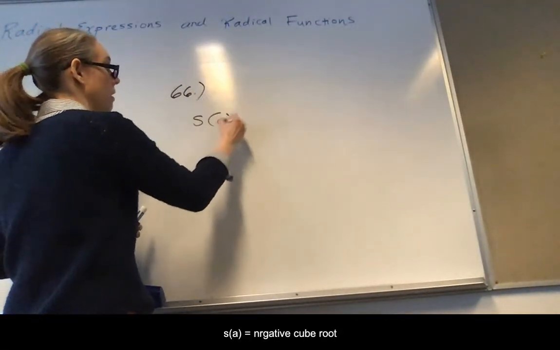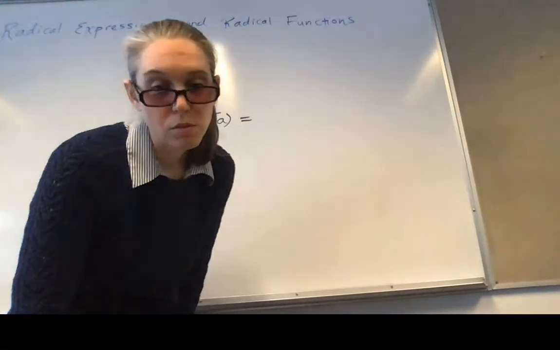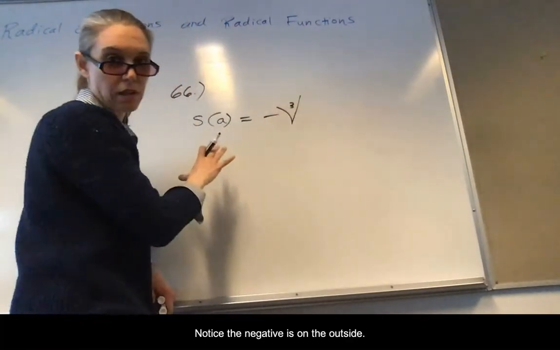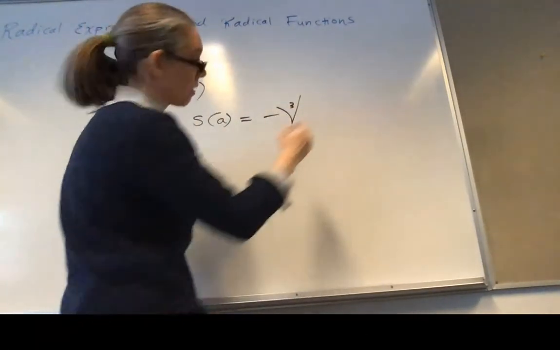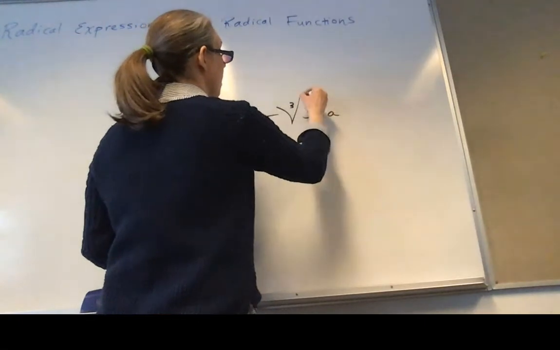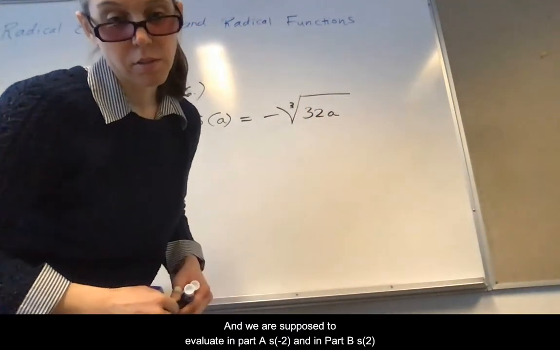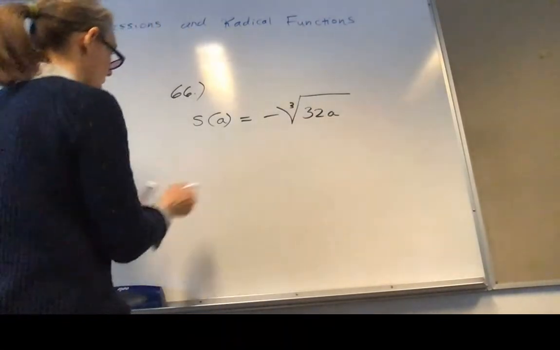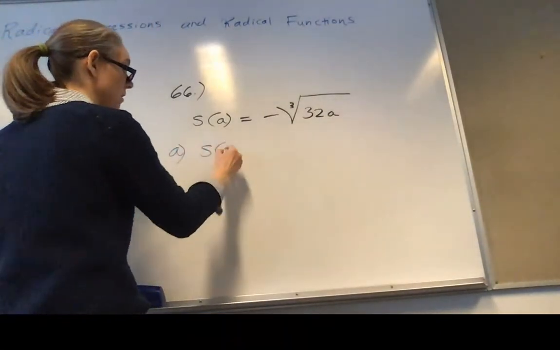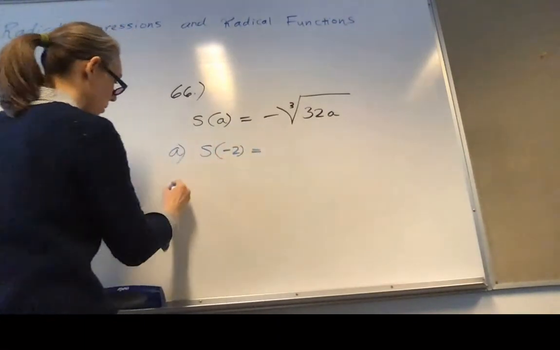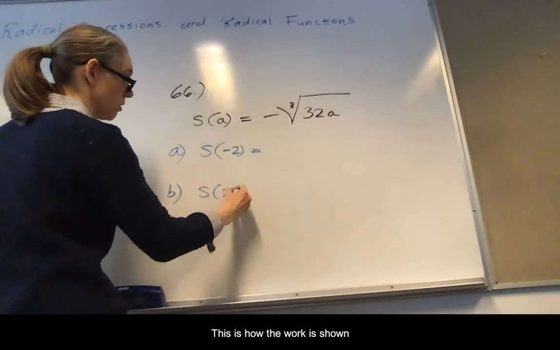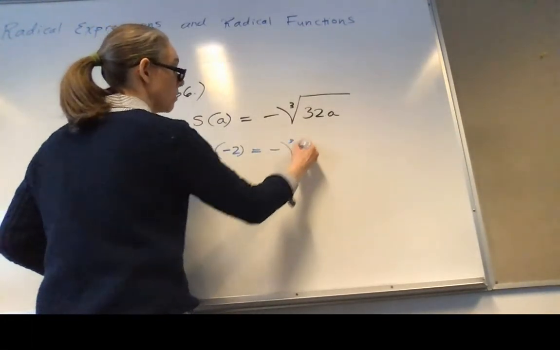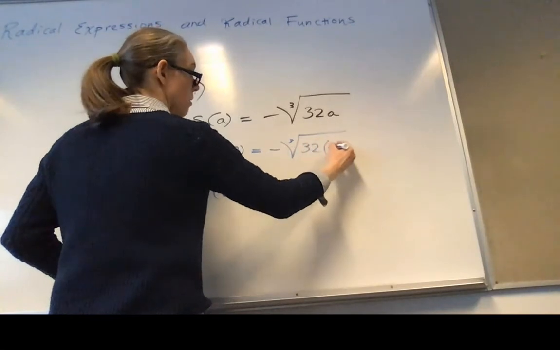S of a is equal to negative cube root of 32a. Notice the negative is on the outside. And we are supposed to evaluate in part A, S of negative 2, and in part B, S of 2. So this is how the work is shown. You take this same function, you replace a with negative 2 here.